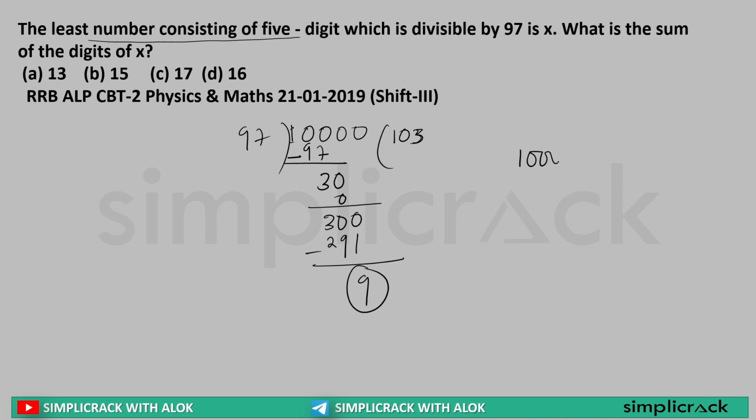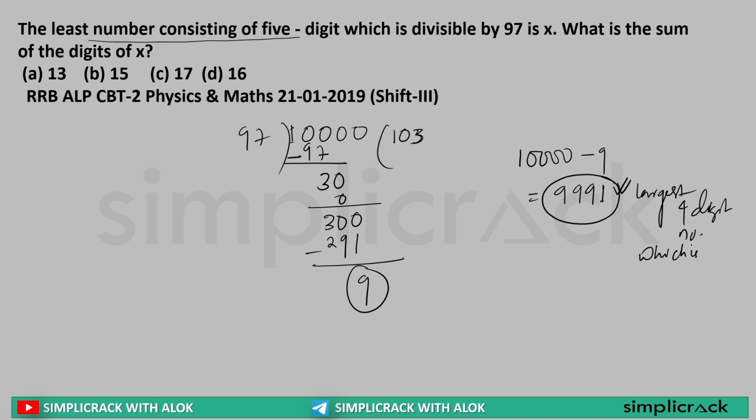If I take out, sorry, 10000 minus 9, I will get what? 9991. This is what? This is the largest 4-digit number which is divisible by 97.